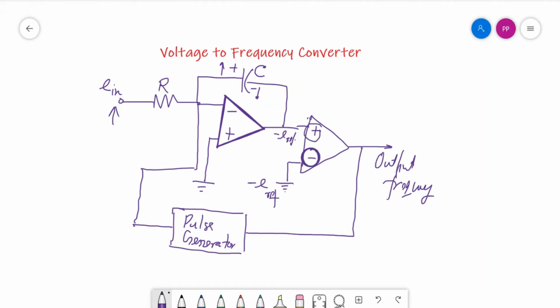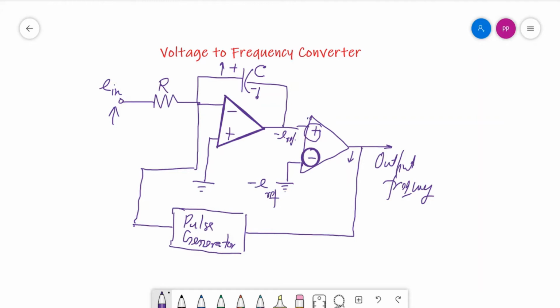After that, because the negative going voltage is even greater in magnitude, the output will become negative, and this negative voltage will punch in a negative edge trigger in the pulse generator.